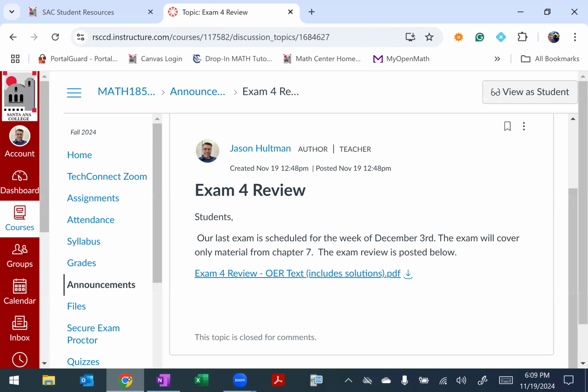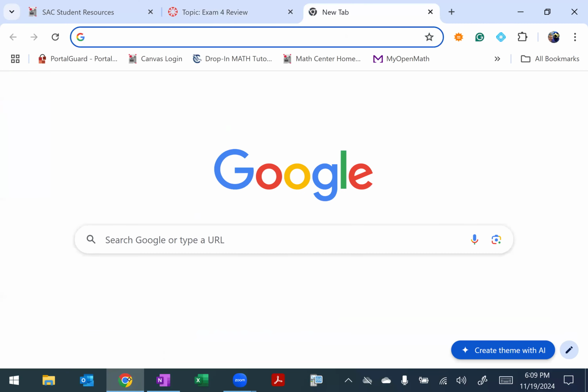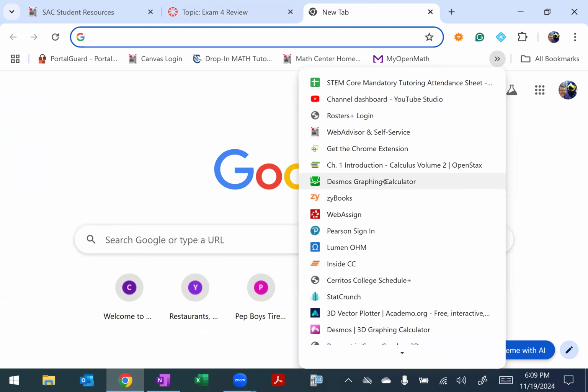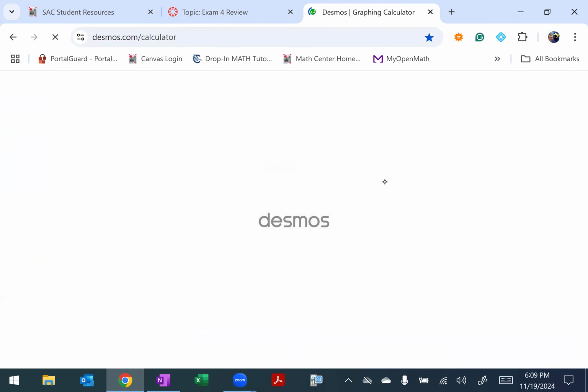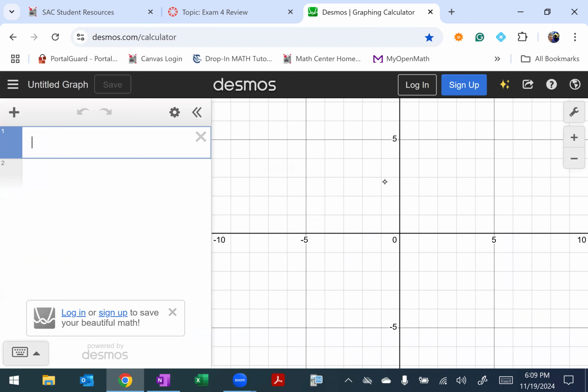Now, we can go to Desmos and look at what this thing looks like being computer generated.